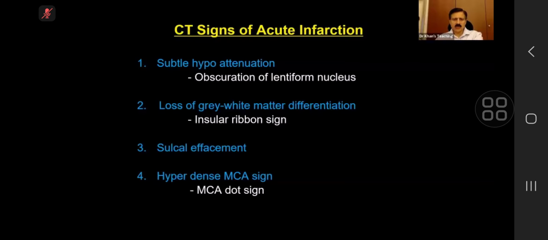Signs of acute infarction: subtle hypodensity, obscuration of the lentiform nucleus. This is one which we saw in the last case. Then loss of gray-white matter differentiation, the insular ribbon sign. Sulcal effacement can be there. Hyperdense MCA sign or MCA dot sign can be there.